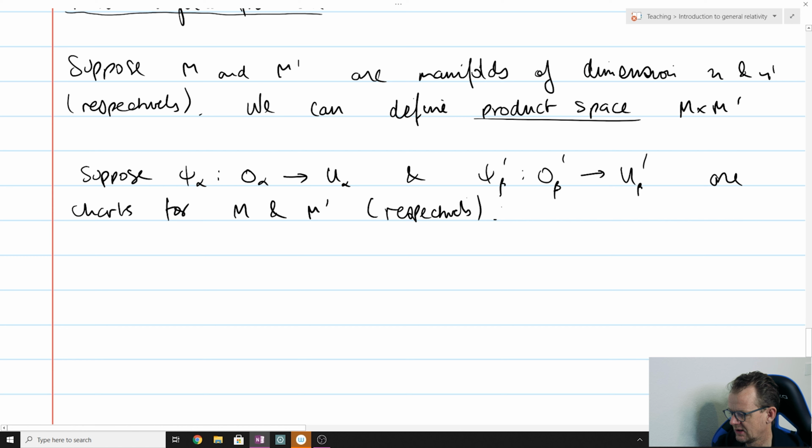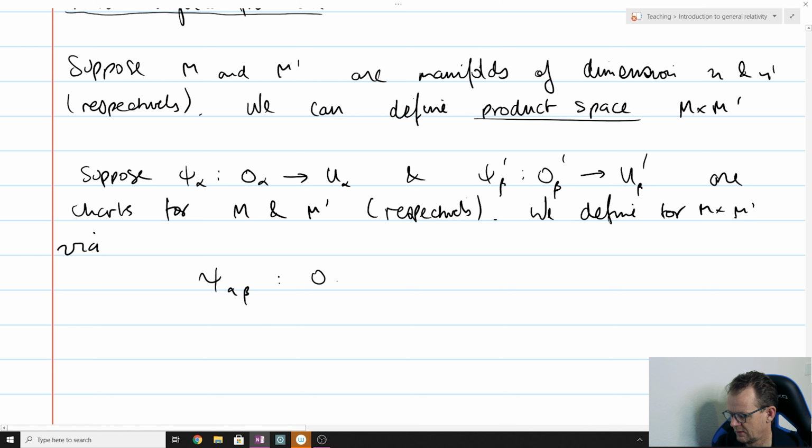Given these two charts, we're going to define our chart for M cross M prime via psi, we'll call it psi alpha beta. And how does it work?